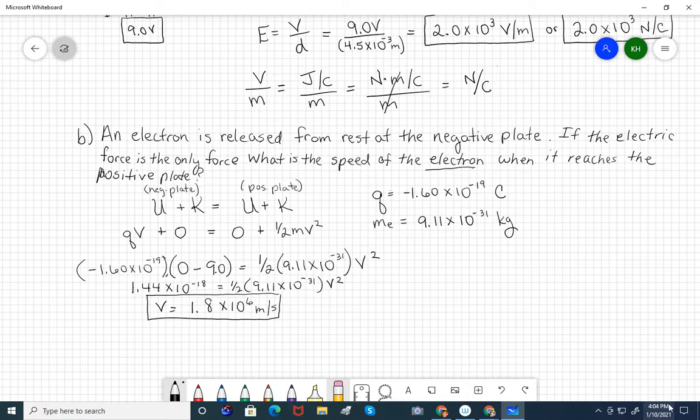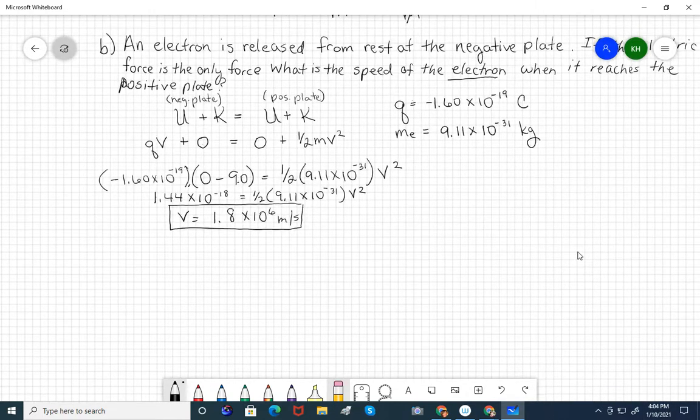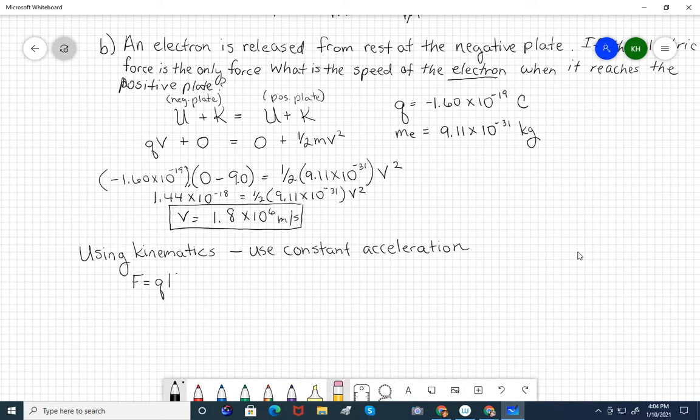There is, however, another fairly straightforward way to solve this problem. We can use kinematics, in particular constant acceleration formulas. We know that the electron felt a force because it was in an electric field. The force would be equal to the charge times the electric field.